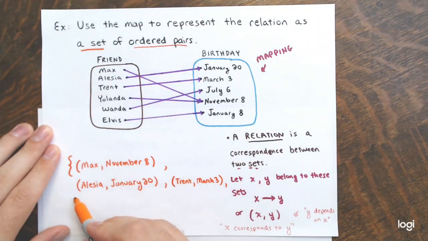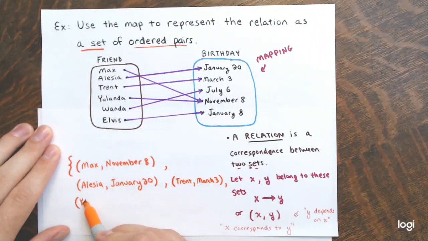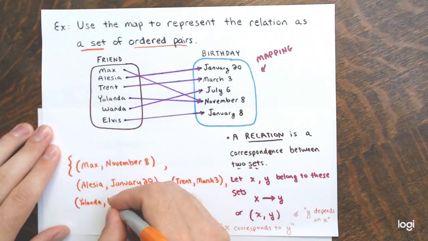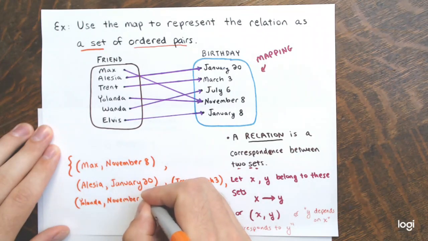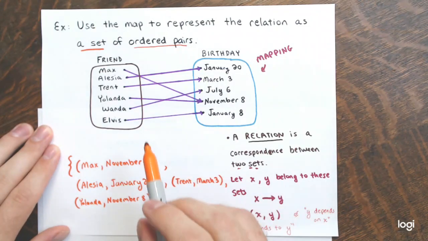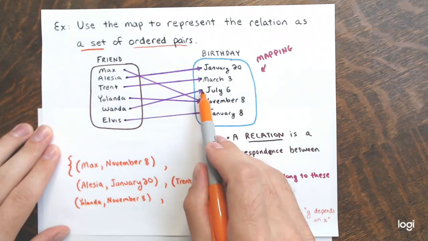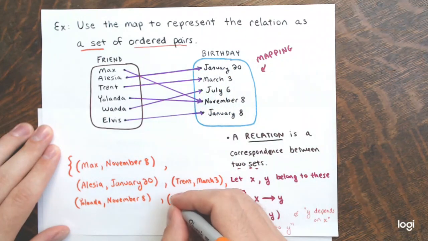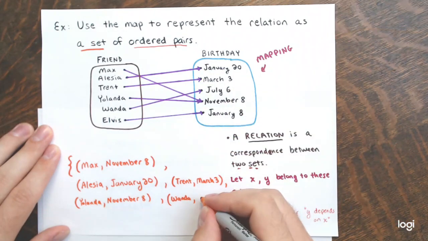And another ordered pair belonging to this set: Yolanda would correspond to also November 8th. And let's see, we have another ordered pair with Wanda in the first set, which corresponds to July 6th in this set of birthdays. So we have Wanda, comma, July 6th.